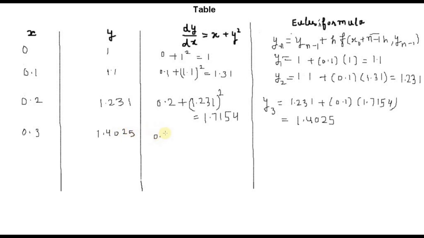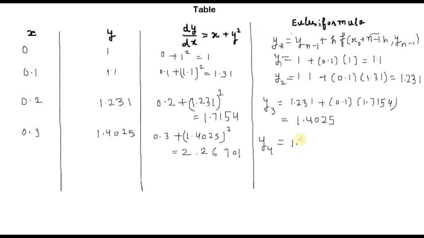Now it is 0.3 plus 1.4025 whole square. After the calculation, it will become 2.26701.